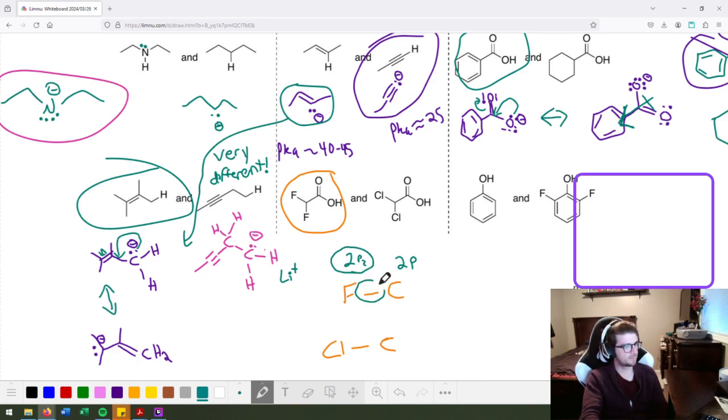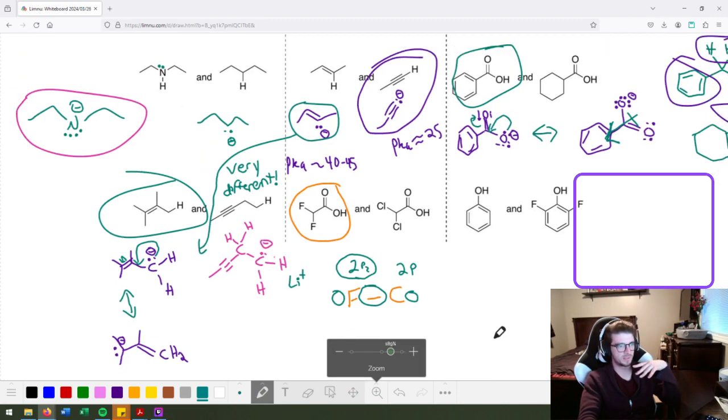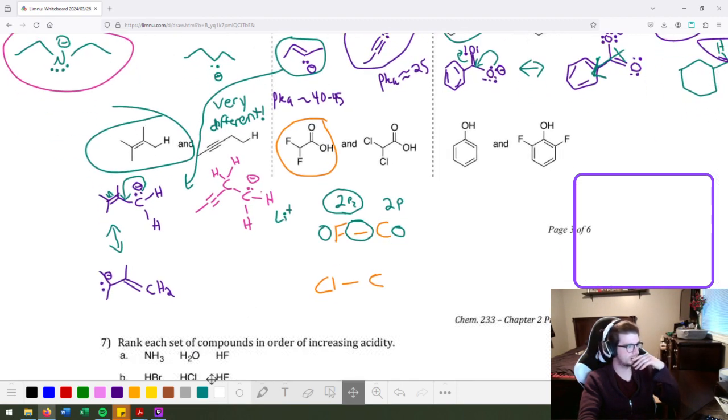So we're going to have this. They're roughly the same size, and this allows for better overlap because in the case of chlorine, for example, the carbon is still in that 2p energy shell.